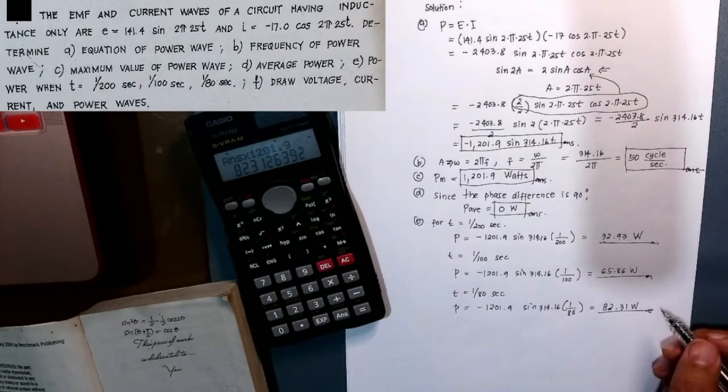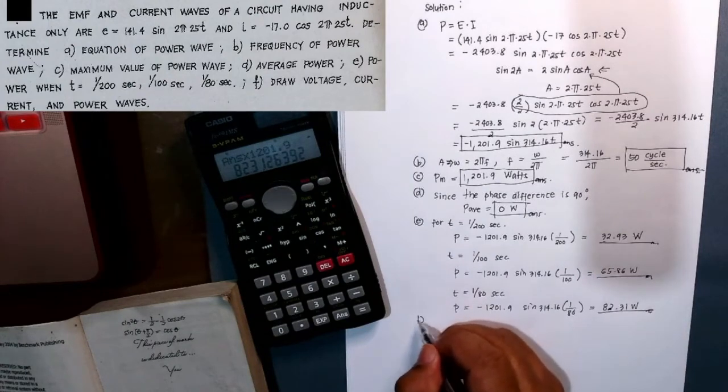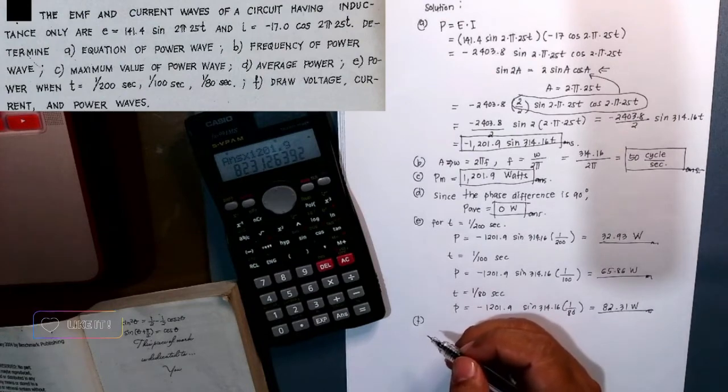Now for letter F, we are to draw the voltage, current, and power wave.